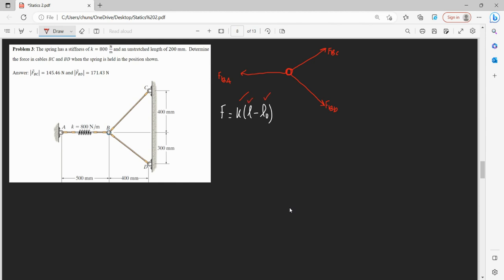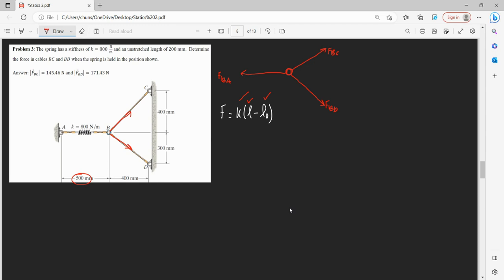We need to determine the forces in FBC and FBD in the position shown.